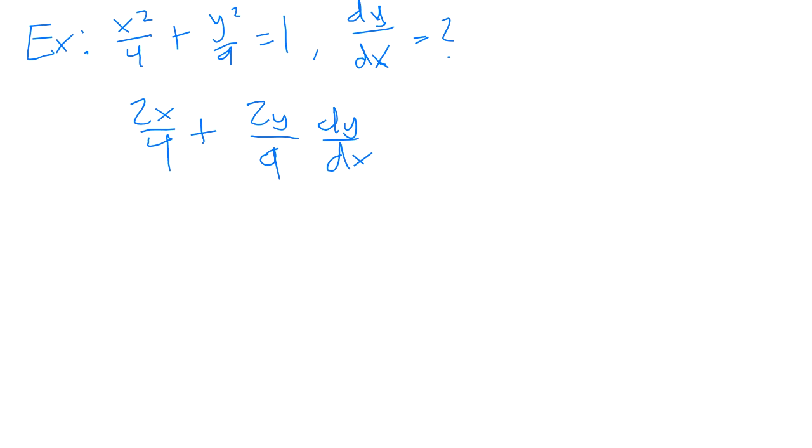Because we have to signal that we are deriving with respect to x, we have to leave that mark that even though we derived y, it is in relation to x. And then on the other side, the derivative of 1 is just going to be 0. And since there's no term, we can just assume that that was in terms of x.